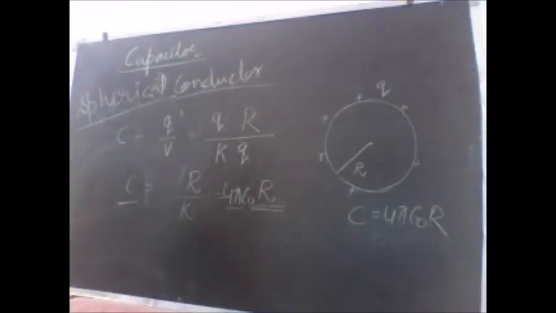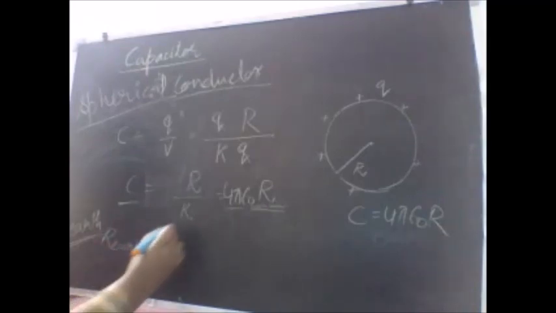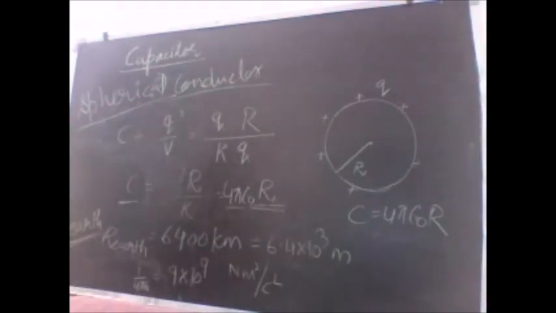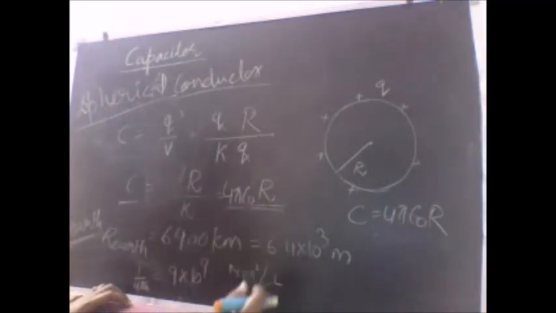Since earth is a spherical conductor, we are calculating the capacitance of the earth. The radius of the earth is 6400 kilometer.